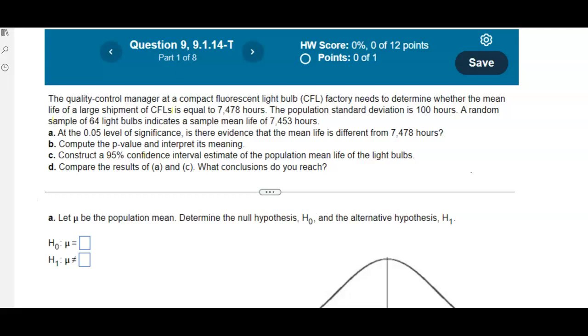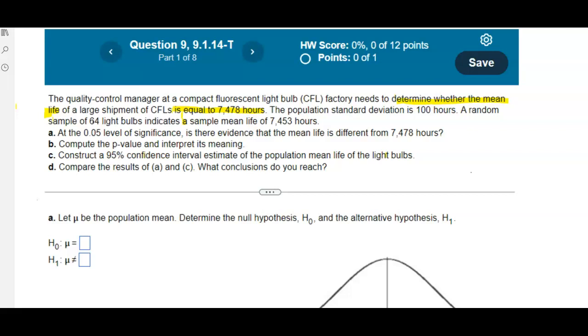Alright, so in this question we have a large shipment of light bulbs and we want to do a quality control. Our claim is to determine whether the mean life is equal to 7,478.